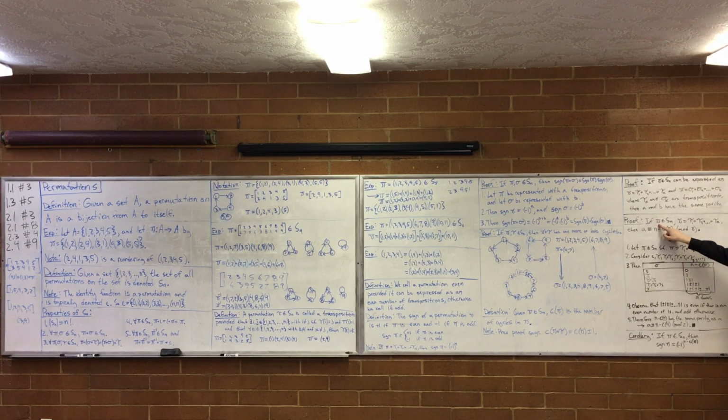All right, so if pi is a permutation, and pi is equal to these transpositions, all the way up to a, then a is congruent to n minus the number of loops in pi mod 2. Now, not loops, cycles.